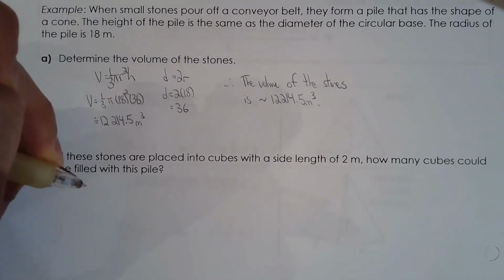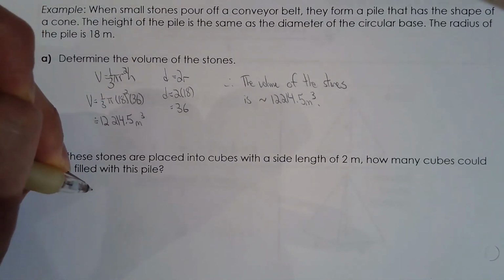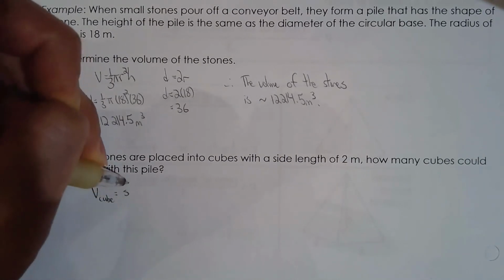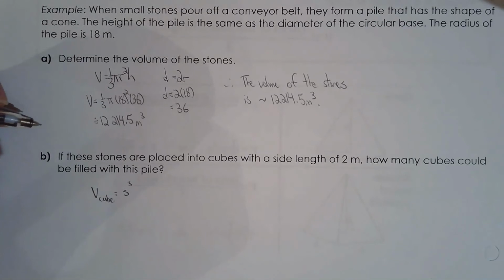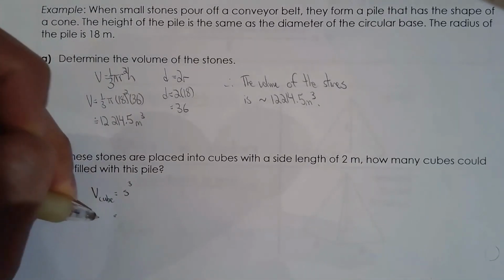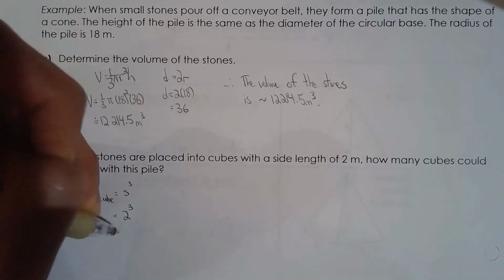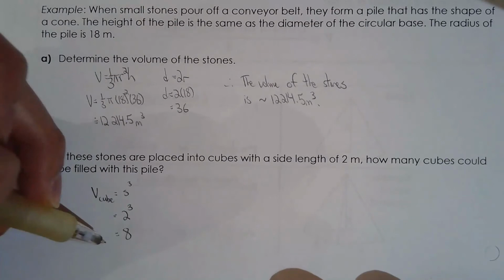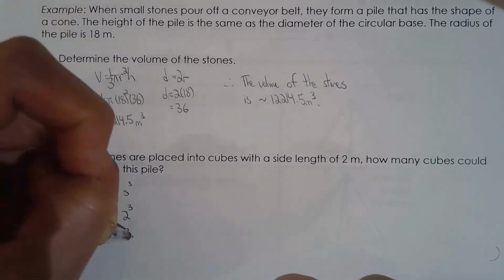What's the volume of 1 cube? So volume of a cube is equal to side length cubed, because the length and the width and the height of a cube are identical. So 2 cubed is 8. So the volume of 1 cube is 8 cubic meters.